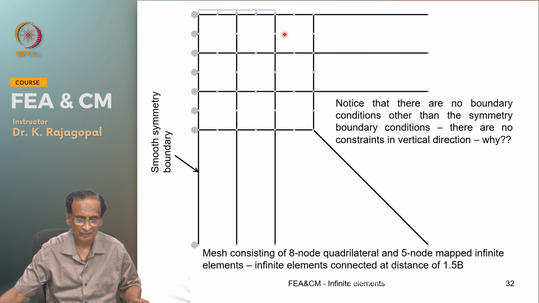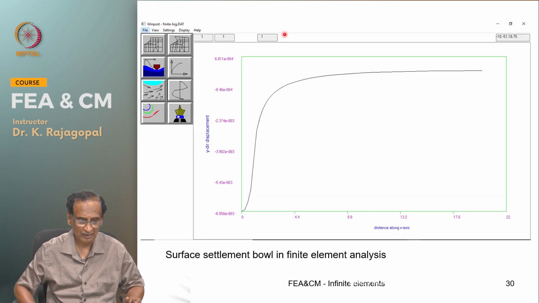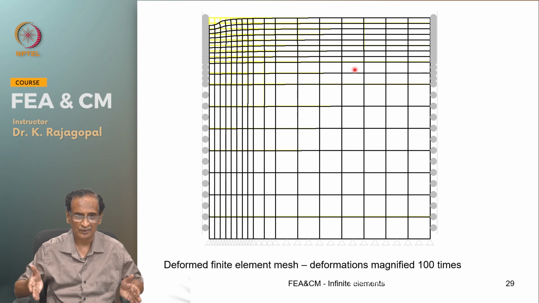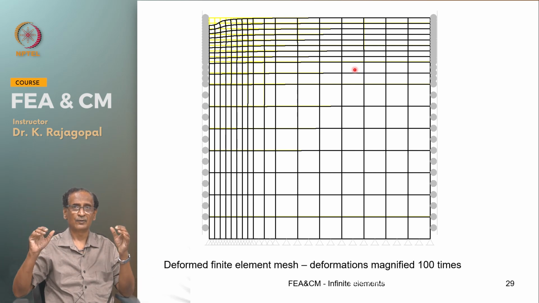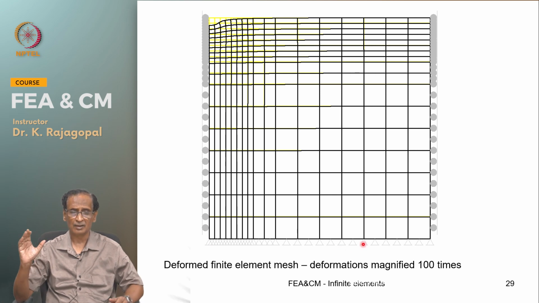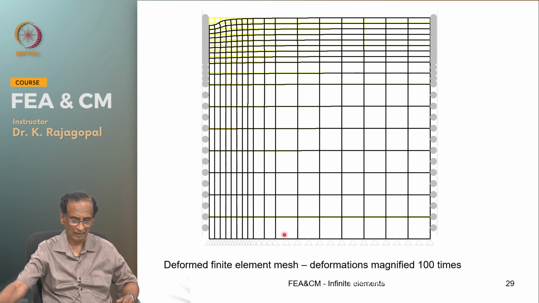and when we use finite elements, we should be careful about the boundary conditions. So, on both sides we have supported the vertical surface on smooth rollers, whereas at the bottom surface both x and y direction displacements are constrained by connecting hinges to all these nodes.